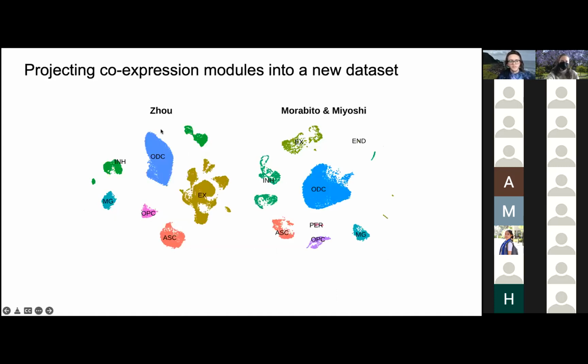So for example, we were using this Zhao et al. human brain data set, and we're going to project the modules that we discovered into my data set, and then test if they're significantly preserved.